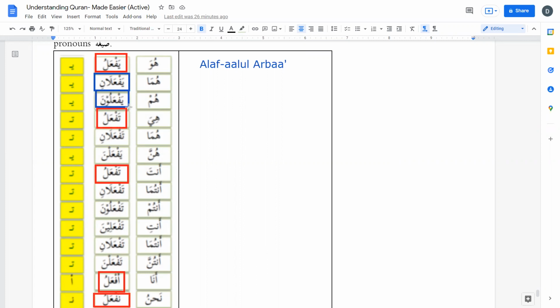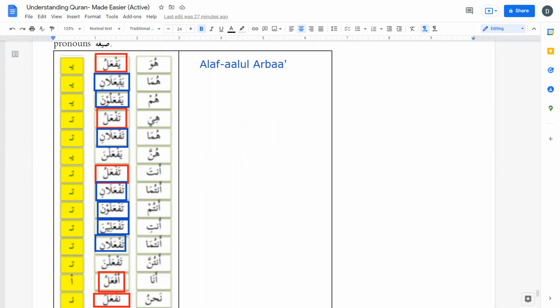You see noon at the end. Taf'alani. Whether there is a kasra or fatha doesn't matter. Just if noon is at the end of fi'l mudare, then we consider it in one group. Yaf'alani, yaf'aluna, taf'alani, then taf'alani, taf'aluna, taf'alina, taf'alani.